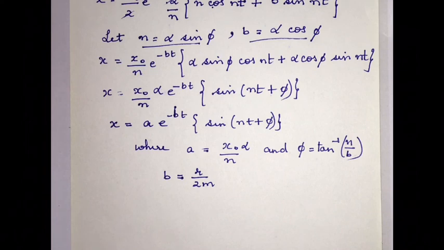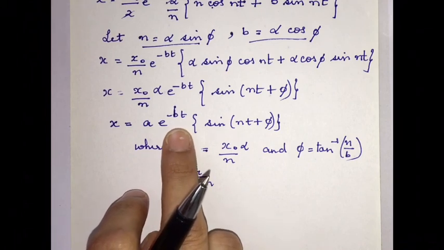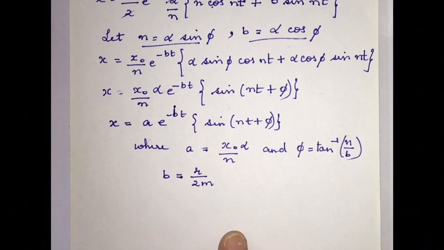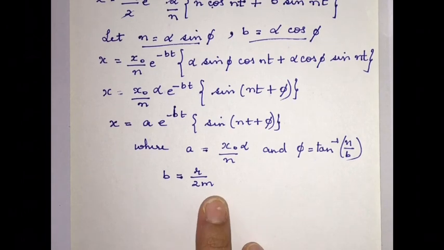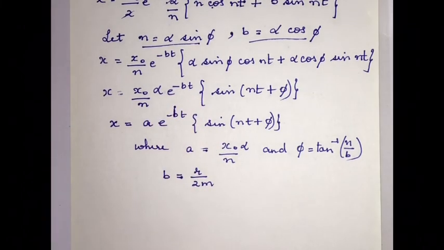As time passes, t increases, because of which e power minus bt decreases. The amplitude a e power minus bt therefore decreases progressively, resulting in the damping of the vibration. So in this type of condition, as time passes, the amplitude of vibration goes on decreasing because of this factor.